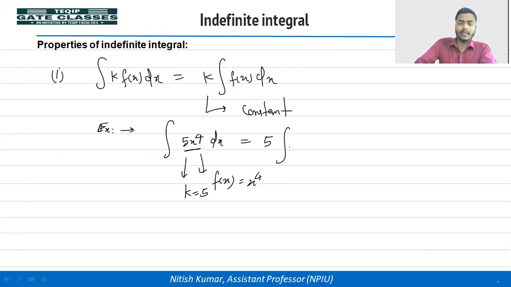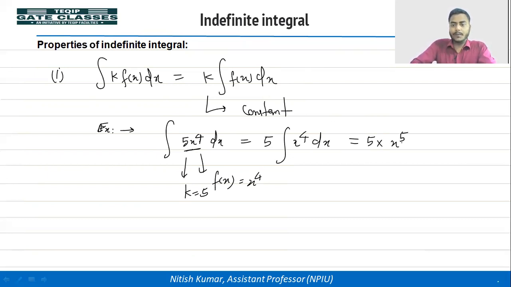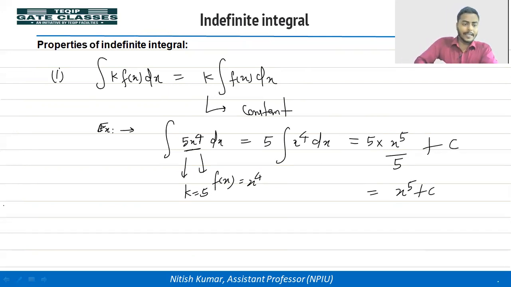You can take 5 outside the integration of x to the power 4. What is the integration of x to the power 4? See the fundamental integral formula. So 5 into x to the power 5 divided by 5, plus c. We can write here x to the power 5 plus c. Okay.